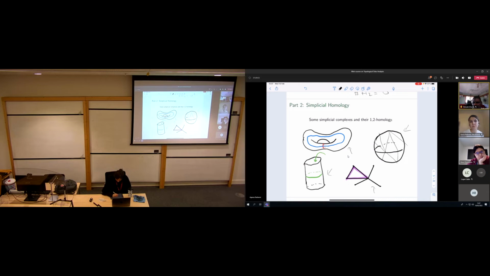So for this space here we have Betti number 0 equal 1, Betti number 1 equal 2, and this is perhaps not super intuitive, but the Betti number 2 is going to be equal to 1.